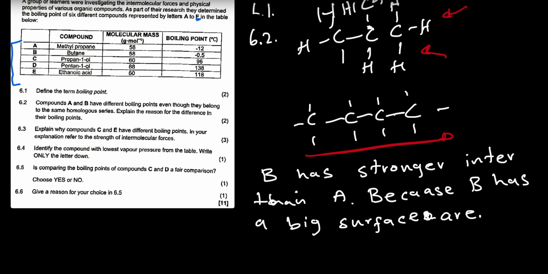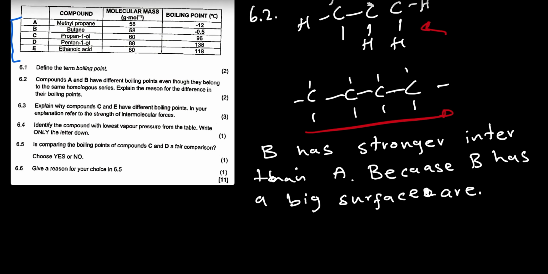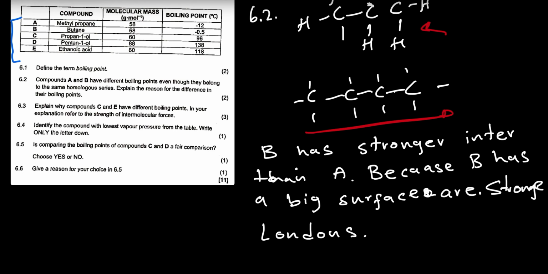So now, if it has a larger surface area, that means it's going to have what? Stronger forces. But now remember, in both the cases, these are alkanes. They just have strong London forces. So that means now B has stronger London forces because of the strength.